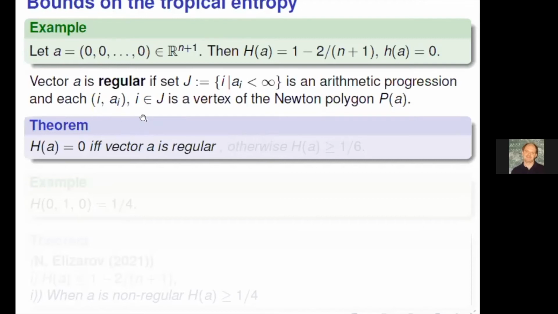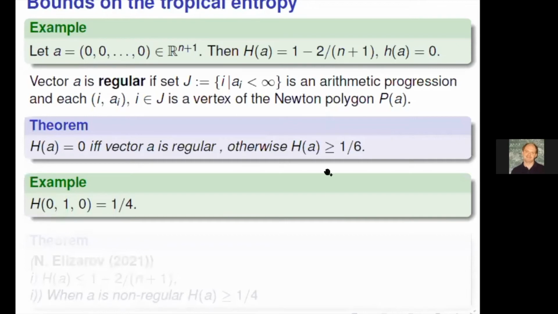Then the main result in this first part is that the entropy vanishes if and only if the vector A is regular. And also, if the vector is not regular, then the entropy is positive, and moreover it is at least 1/6. We have the following example: for the vector 1, 0, 1, 0, the entropy is 1/4.